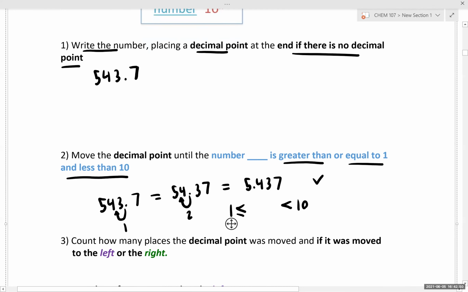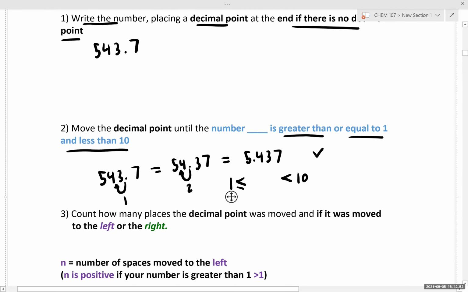Now, we've moved our decimal point to get a number between 1 and 10. So in this process, 543.7, we moved our decimal point over 2 times to give us 5.437.